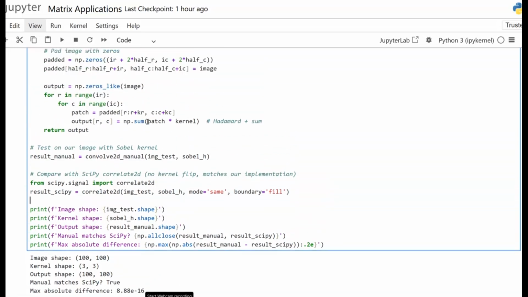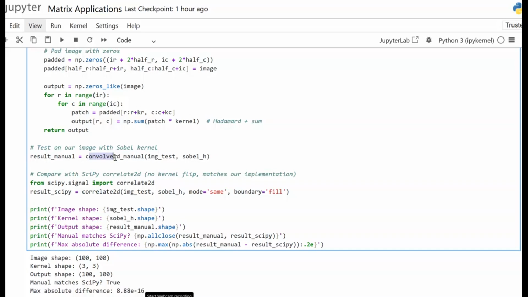Coming to the convolution output, formally convolution flips the kernel before sliding, whereas cross correlation does not. For a symmetric kernel like this Gaussian, they are identical. For asymmetric kernels like Sobel, the sign can differ.